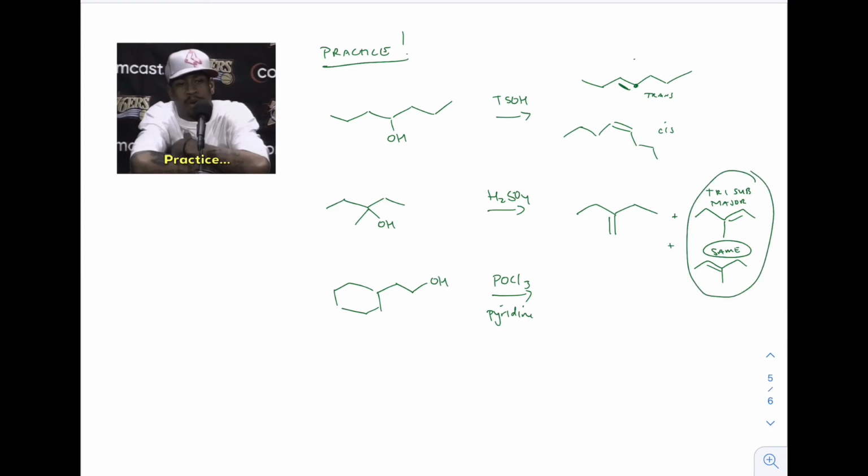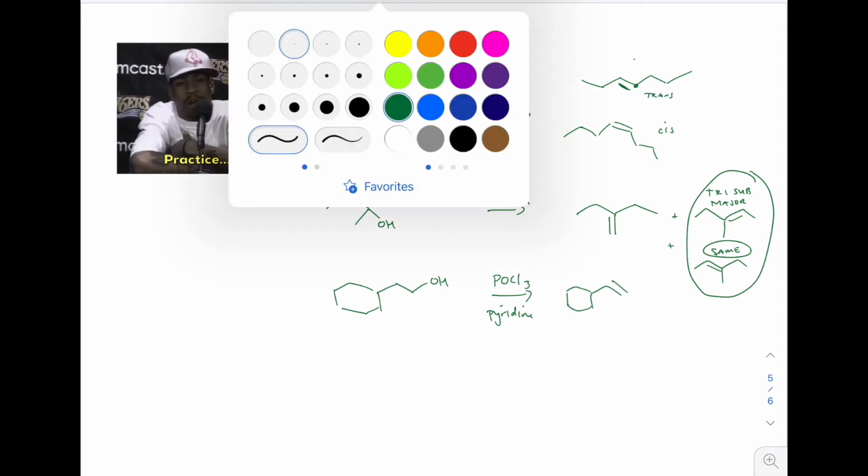So that is the major product. And I say statistically because when you have different options to form the same product, that increases the percentage of that product. If you want me to elaborate on that more, you can definitely ask me that question in office hours. But this is our product here for the primary alcohol with the POCl3, and there you have it.